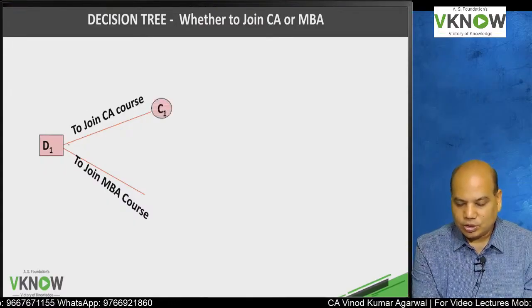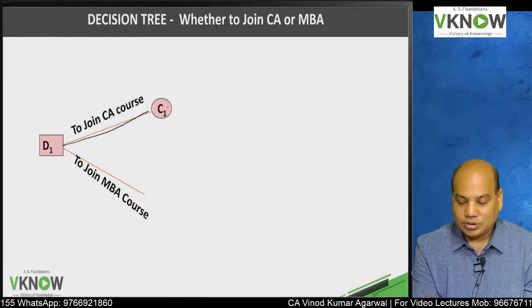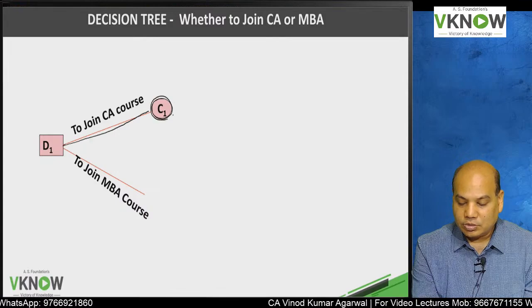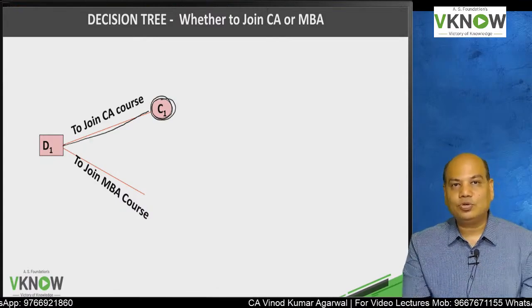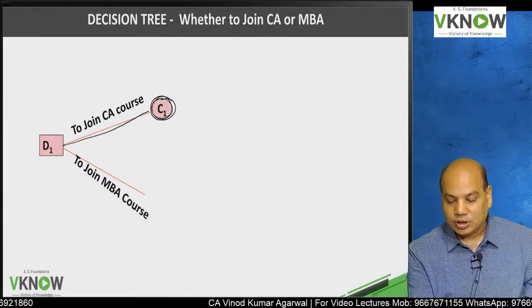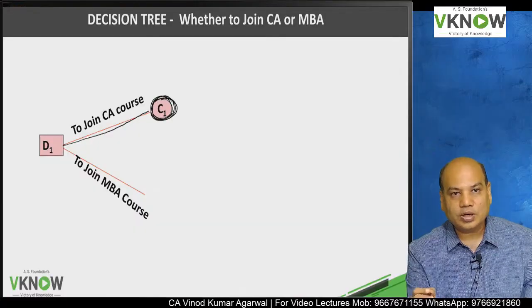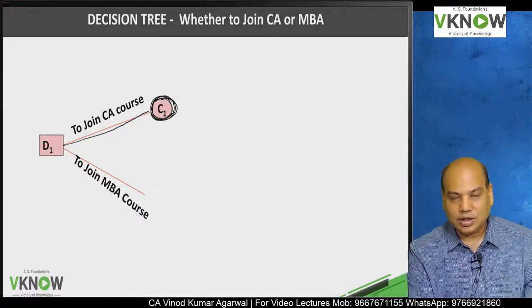So write down what you want to do, CA course, and MBA course, but there will be outcomes. If you do CA course, what are the outcomes? Outcomes will be represented by a circle and they are also numbered, C1, circle number 1.